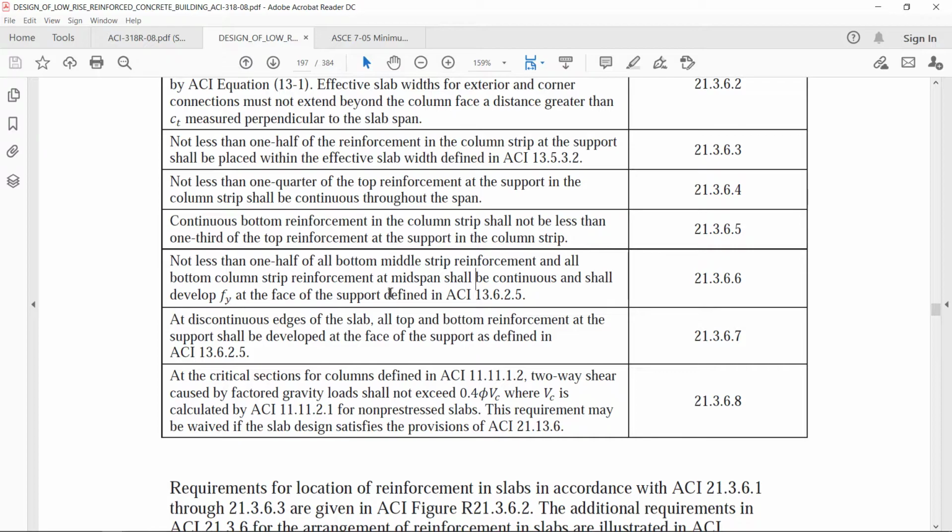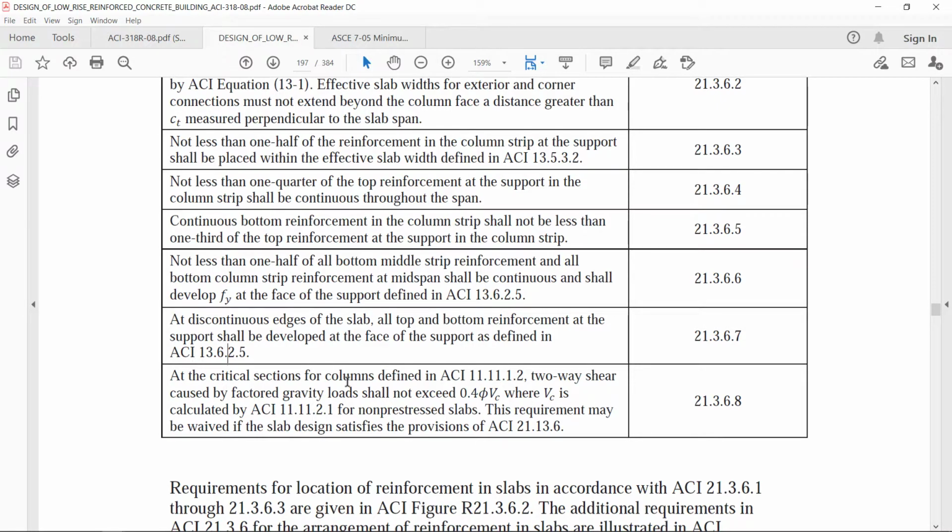So one should check this, and of course detailing is developed in ETABS, but one has to check that these requirements are met. Next, at continuous edge of the slab, all top and bottom reinforcement at the support shall be developed at the face of the support as defined in ACI 13.6.2.5. This is the requirement of 21.3.6.7.